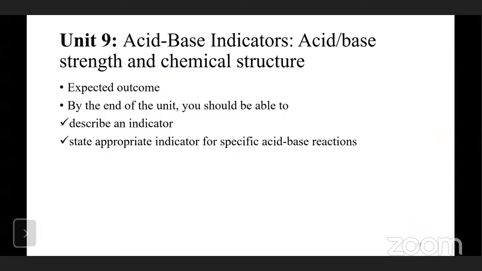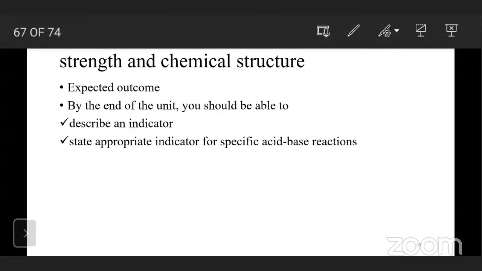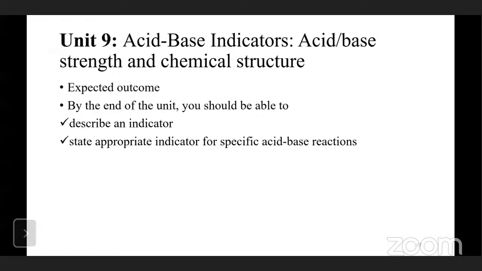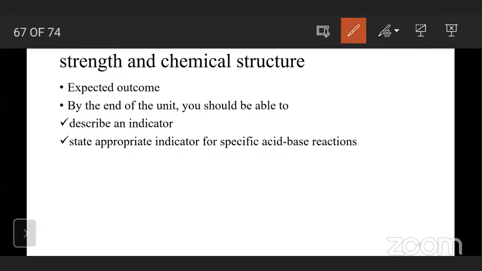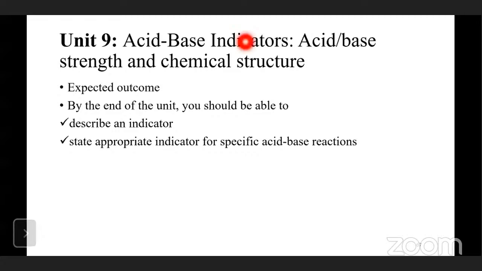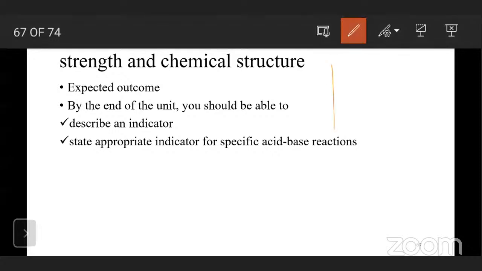Let's take a step further into the last part of today's class, and that will be the concept of acid-base indicators. So we'll be looking at indicators precisely. You might have heard the word indicator. Maybe when you were in secondary school, you did some titration, you had something in your burette, possibly an acid, and then maybe you were provided with a conical flask.